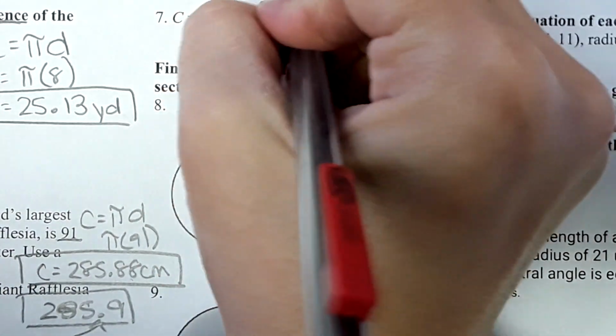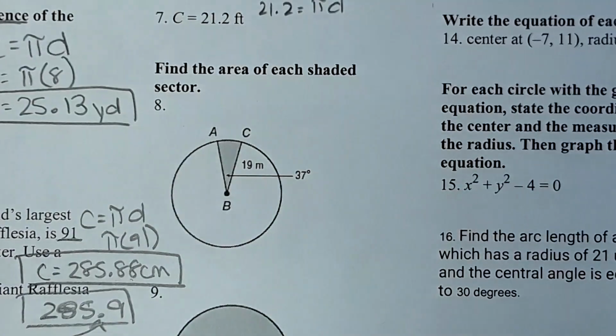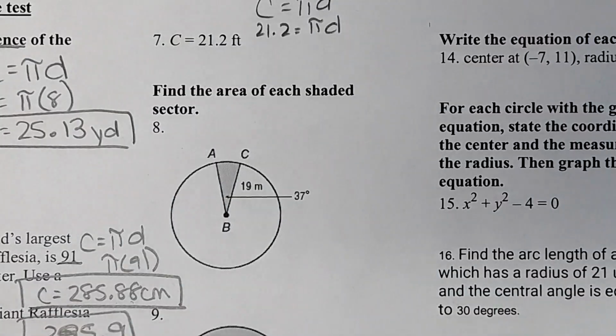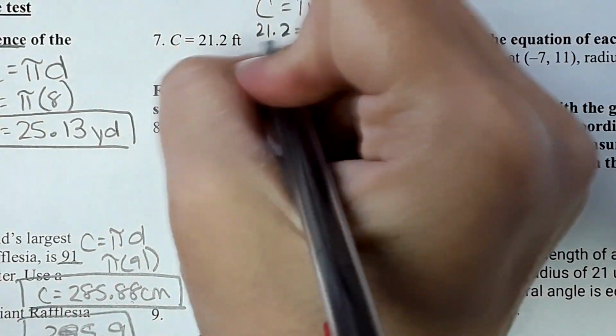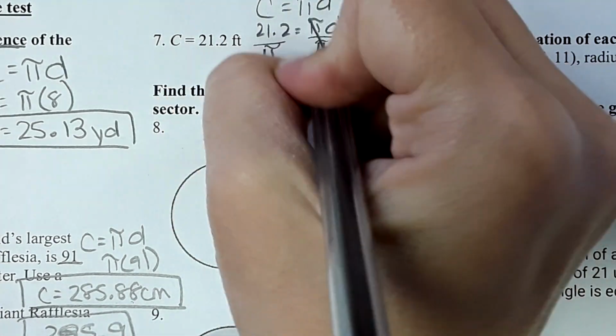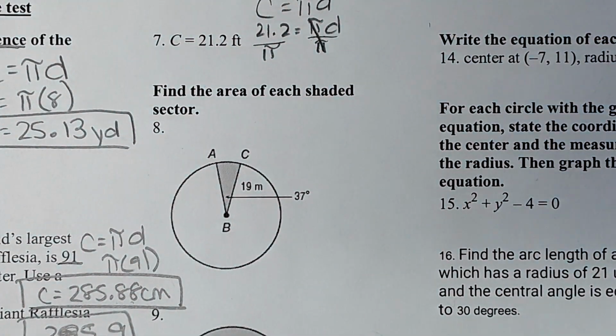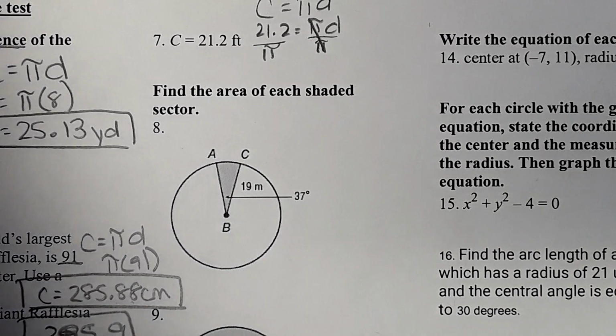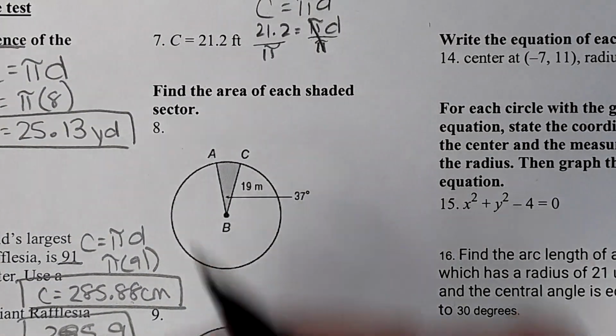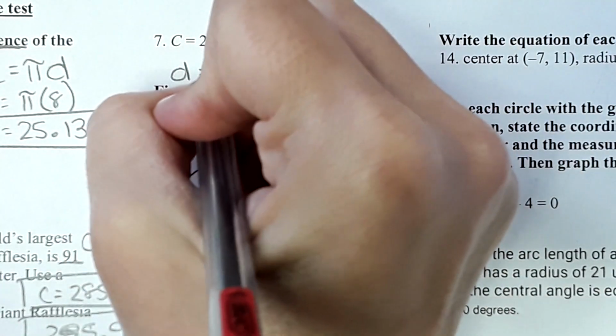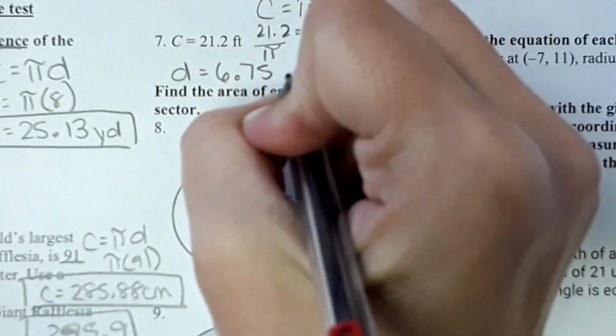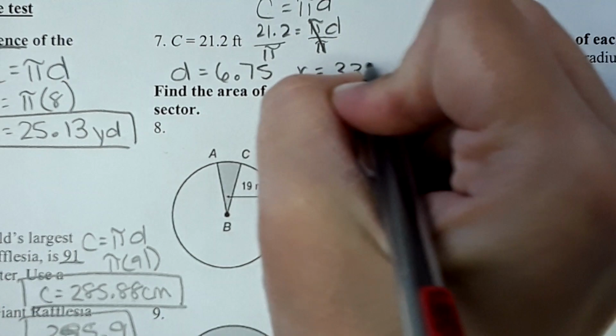Circumference 21.2 equals pi times diameter. Divide by pi. And it comes out to diameter is 6.75, and then for radius, just divide that by 2, and it comes out to 3.37.